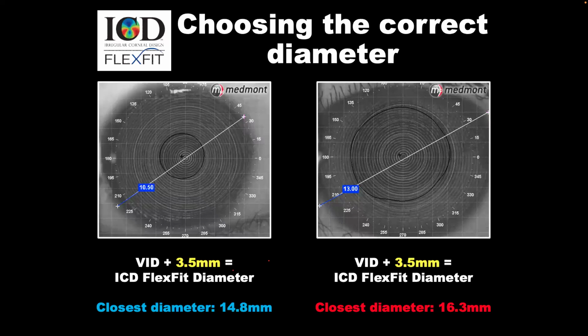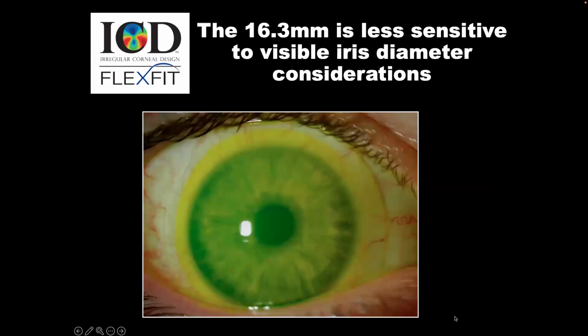With a 3.5, I think it may be a little bit tight. So I would prefer in this type of case a 4.5, but if we go with a 3.5, a 16.3 will be the one to choose, right? But this is just what the trial set gives us. We will talk a little bit about what options we have for diameter choosing.